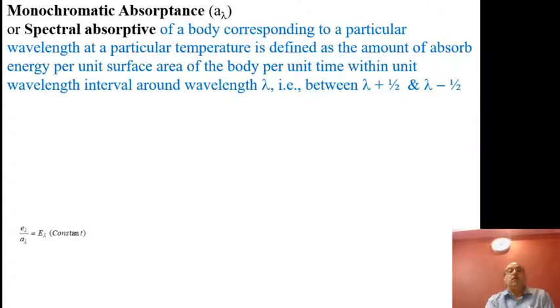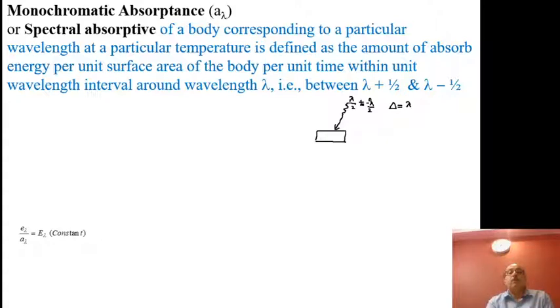Similarly, for monochromatic absorption, if the object is a black body and the radiation is absorbed by the black body, and its wavelength is also from lambda by 2 to minus lambda by 2 range, that means the range of wavelength is lambda. So we are again considering a unit wavelength.